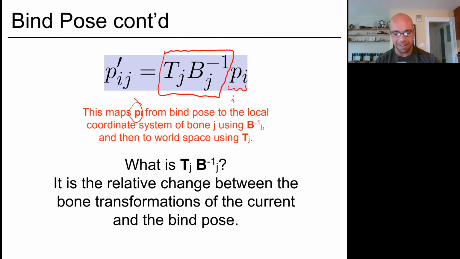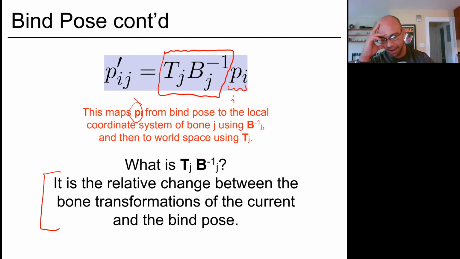You could ask, what is this matrix, right? It's composing 2 different motions. And we tell you what it is right down here. This is the relative change between the bone transformation of the current pose and the bind pose. And if you think about it, that makes perfect sense, because when you're deforming your animated character, essentially what you have to do is compensate for the difference between the pose you want it to be in and the pose you have it in your input mesh.